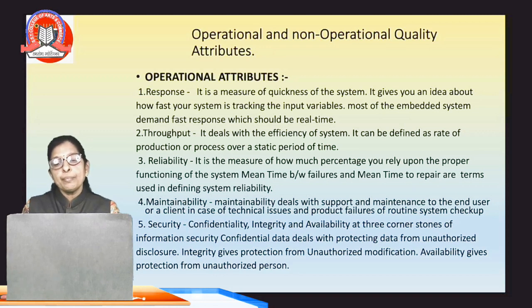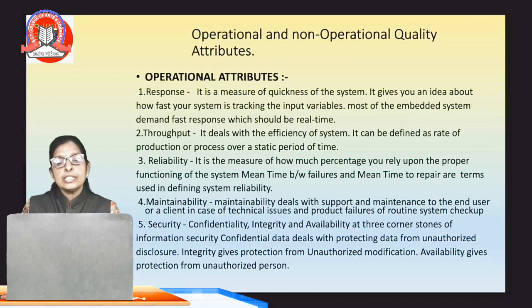Most embedded systems demand fast response, which should be real time. So that is an operational attribute in our system. Next, throughput deals with the efficiency of the system. It can be defined as the rate of production or process over a static period of time.